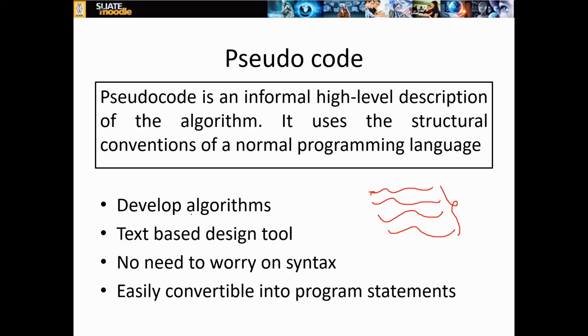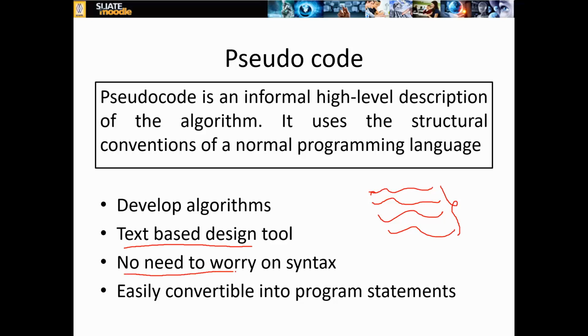This is used for developing algorithms. This is a text-based design tool, right? Here we give instructions with the help of text. In the previous method, you used a flowchart, and that is a graphical representation. Here we have textual representation, right?